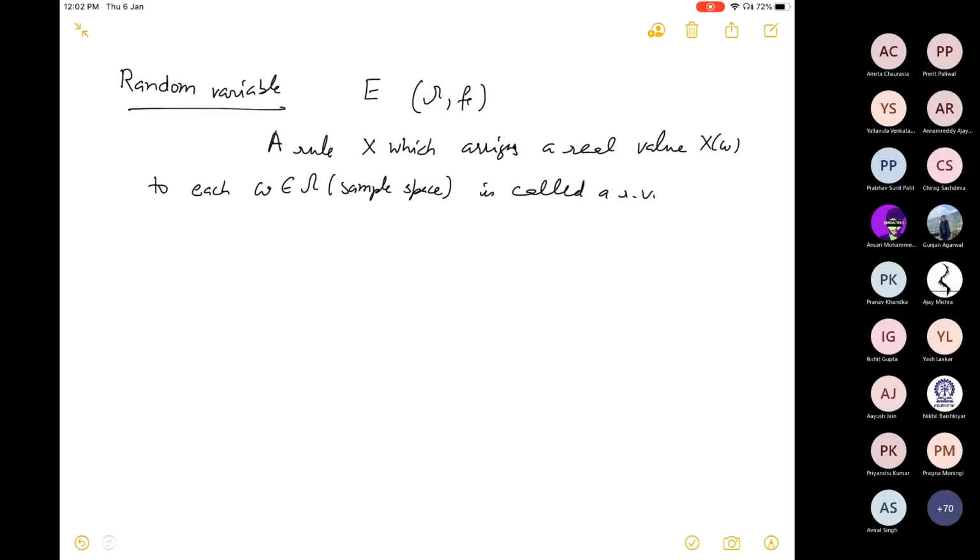It is a rule which basically takes a value of the sample space and converts it into a real value.